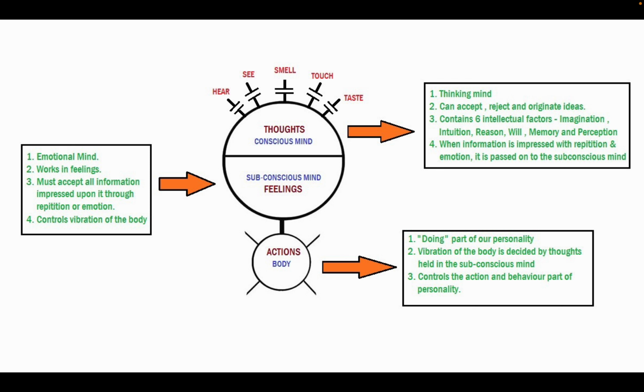We also develop ideas that we can accept and reject. So this is where our ideas originate. This is also where our intellectual factors are: our imagination, intuition, reasoning, will, memory, and perception, or short-term memory for that matter. And this is where information is impressed through repetition and emotion, and it is passed on to the subconscious mind. So what does that mean?